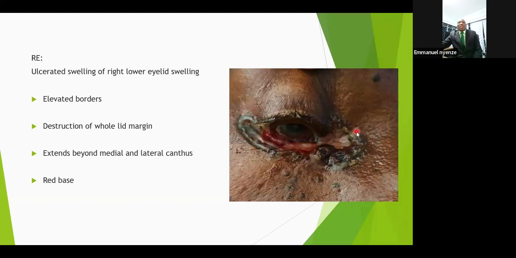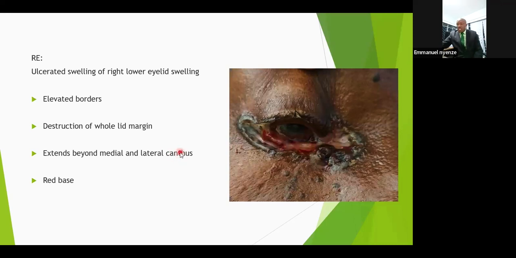So this was quite an extensive lesion that had damaged the whole of the lower eyelid and extended to the canthus. The lesion had a red base and areas of infection, and it was very friable. So, of course, as I said before, this is typical of a squamous cell carcinoma of the lower eyelid. The lymph nodes were free, there was no lymph node involvement.